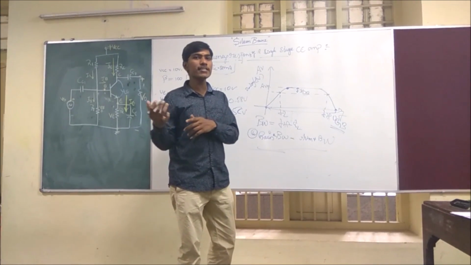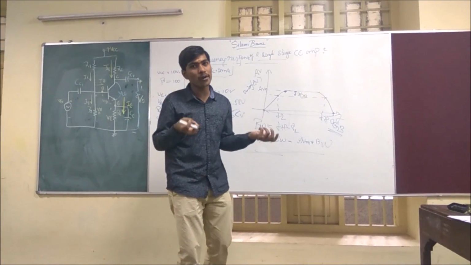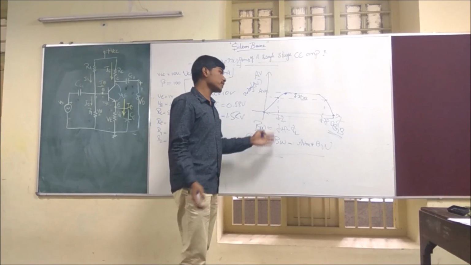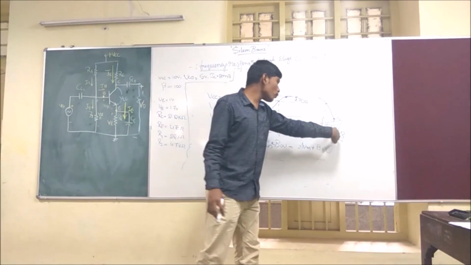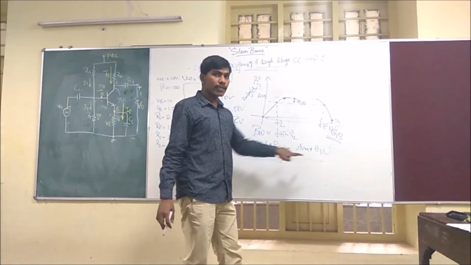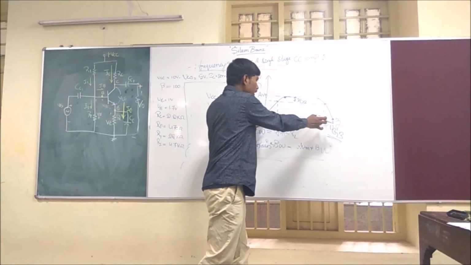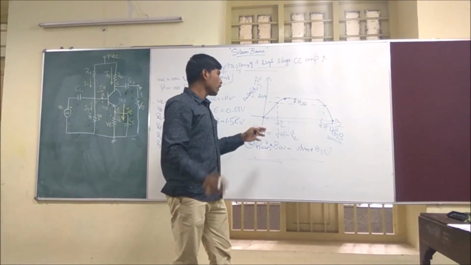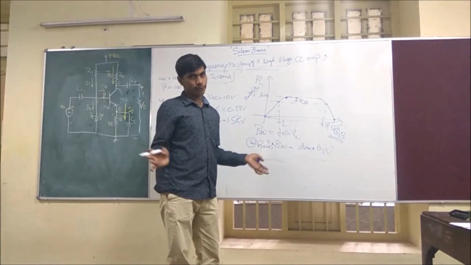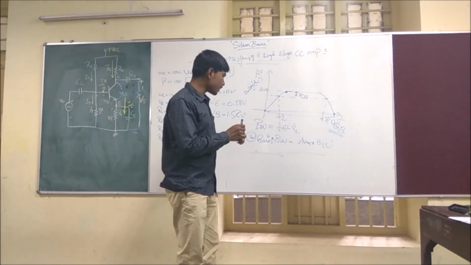Some amplifiers have a lower cutoff frequency of 5 Hz, 2 Hz, 3 Hz, and higher gain. This product, the gain bandwidth product, is almost equal. This is the concept.